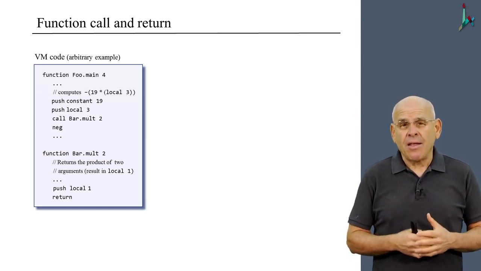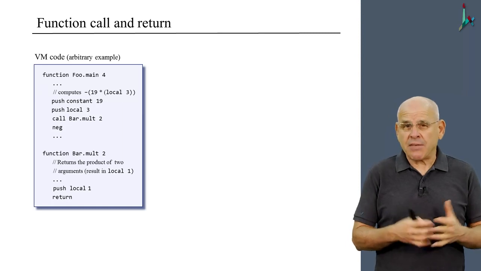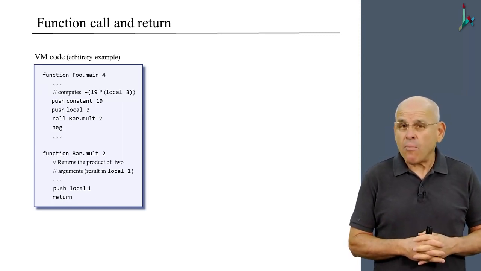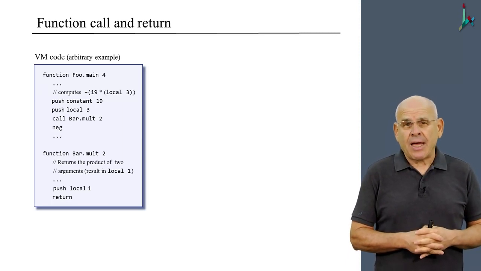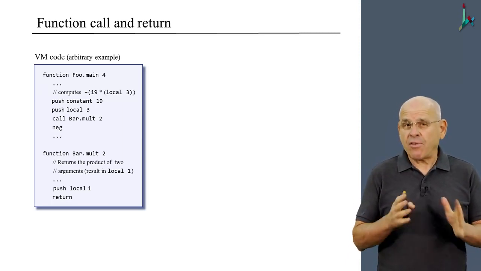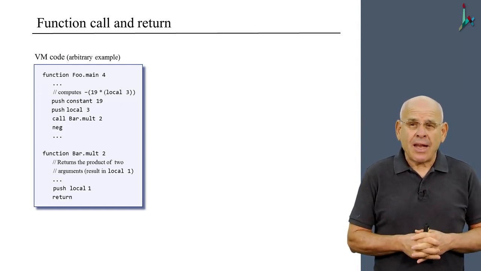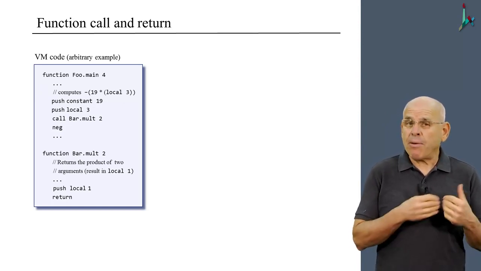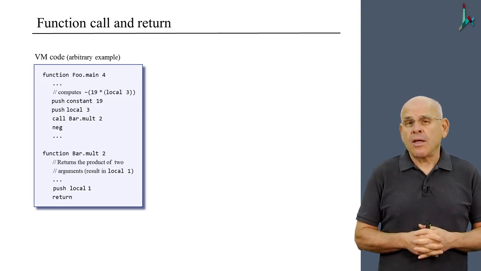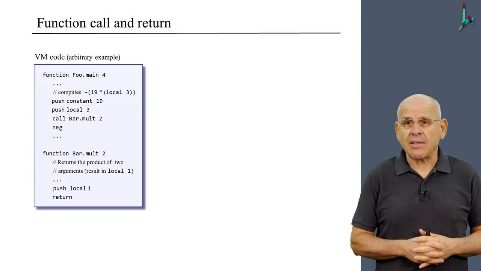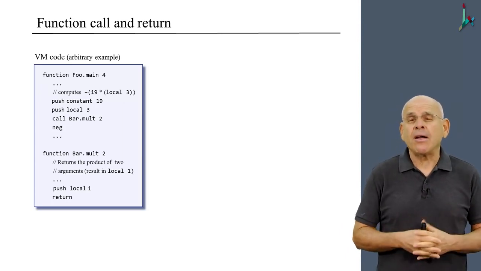I mean, VM code, as I explained several times, is something which is typically written by compilers. And therefore, it is safe to assume that if this is compiled Jack code, then the compiler was applied to a directory that included 2 different class files named foo and bar.